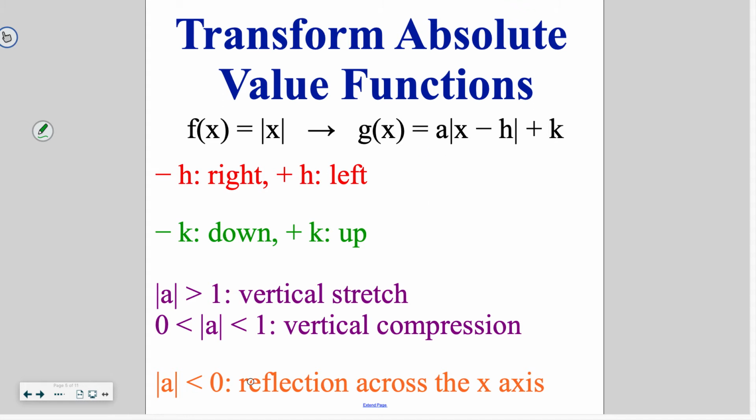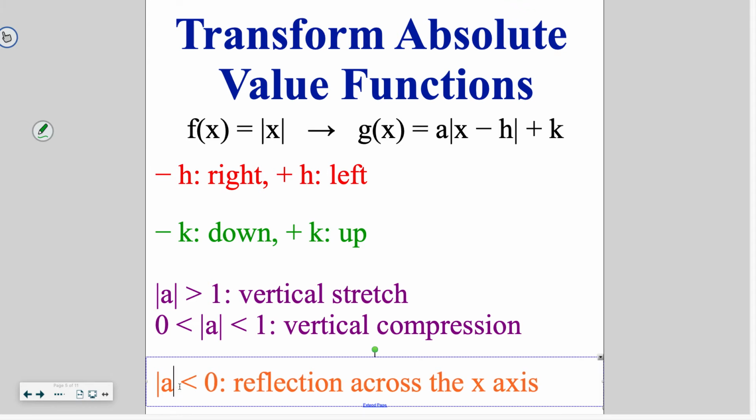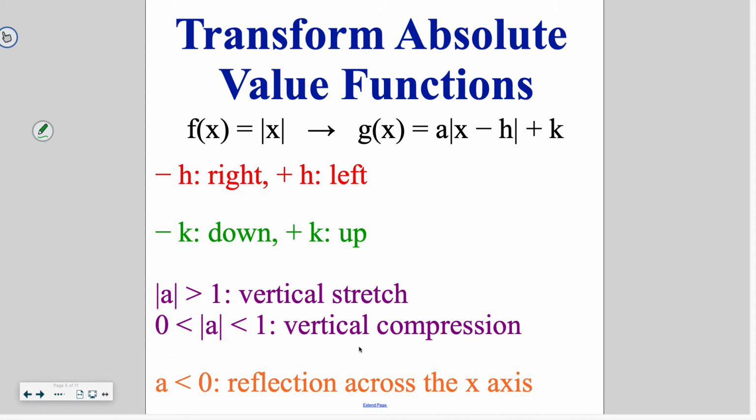That last part with a is that if our value is negative, below 0, and there shouldn't be absolute value bars around that a, I apologize.